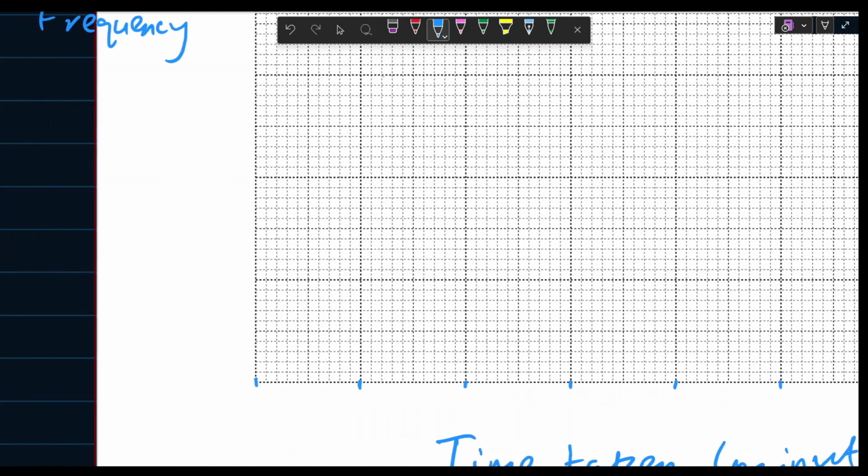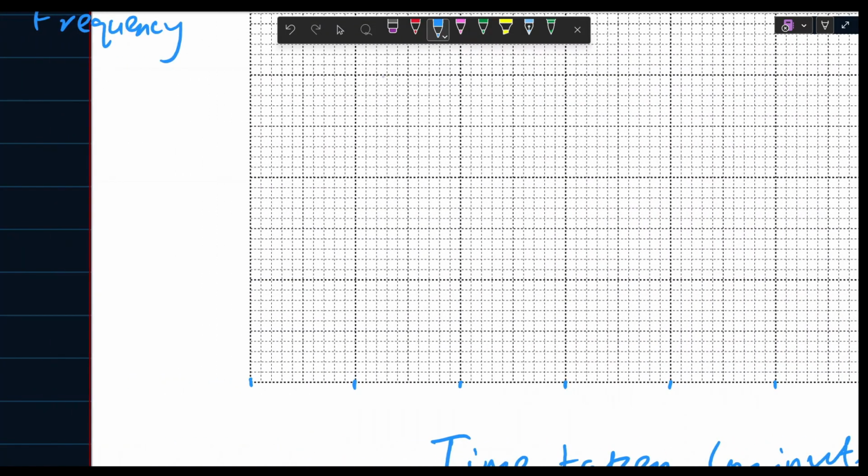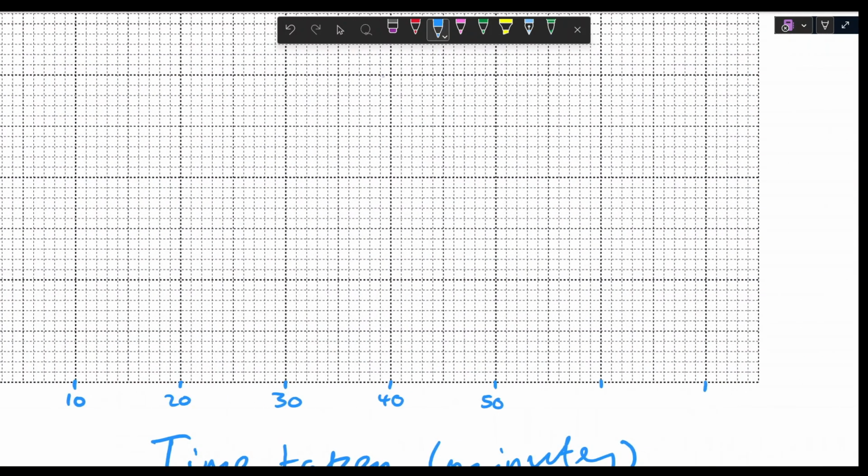So that's fine. I can move in tens here on the x-axis. So this will be 0, 10, 20, 30, 40, 50, and then we've got 60 and 70. Perfect.